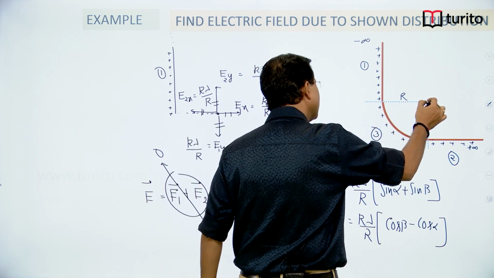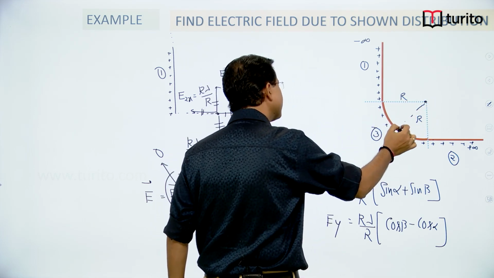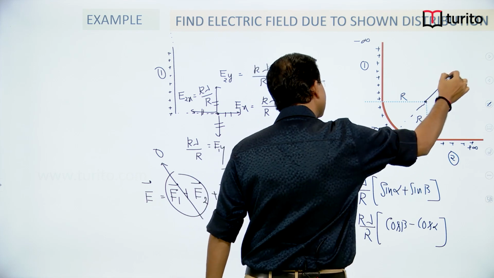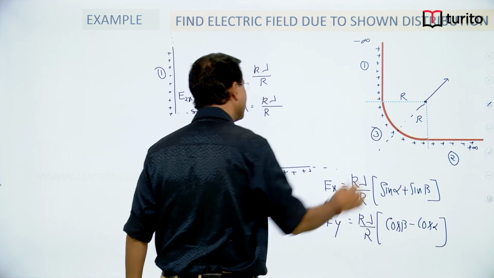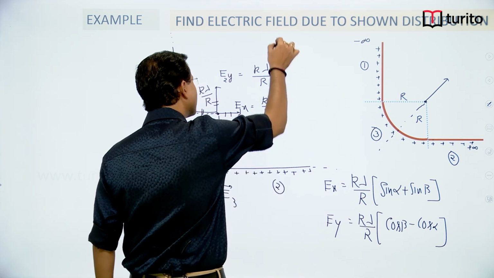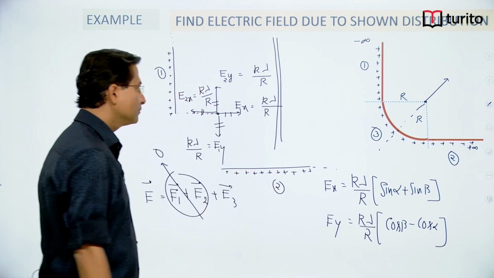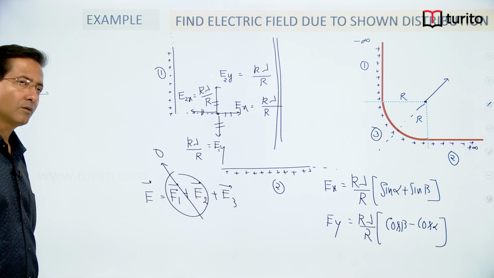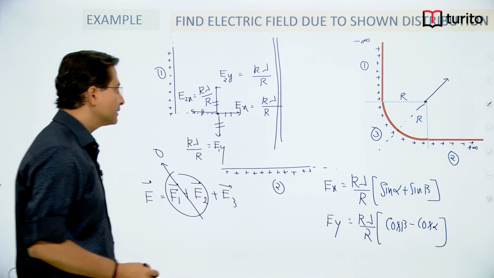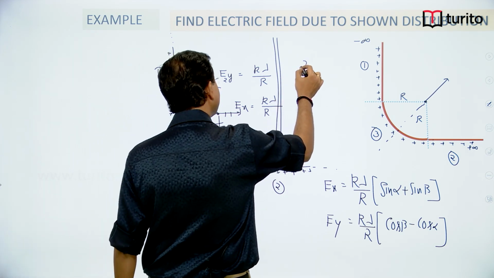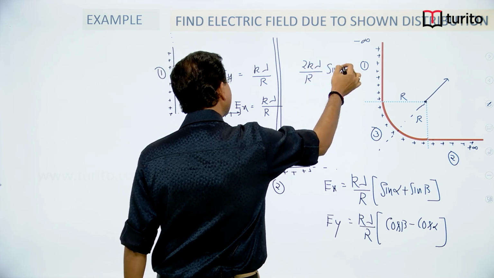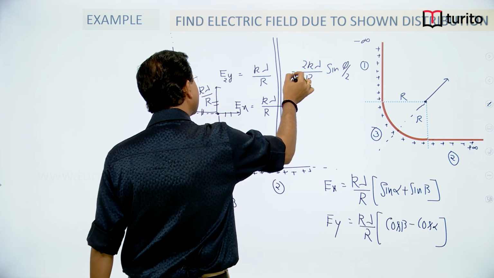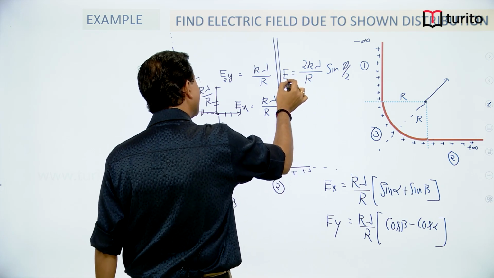The field here will be, just now we have seen, in this direction, and the formula for a circular arc at the center is 2k lambda divided by r sine phi by 2. That was the formula for an arc or part of the ring.